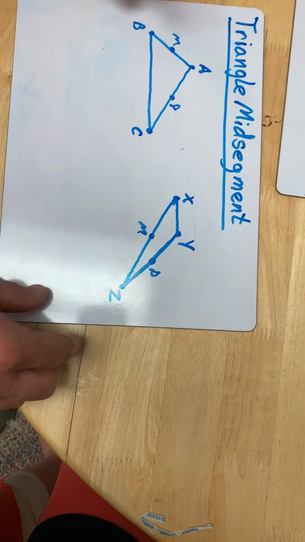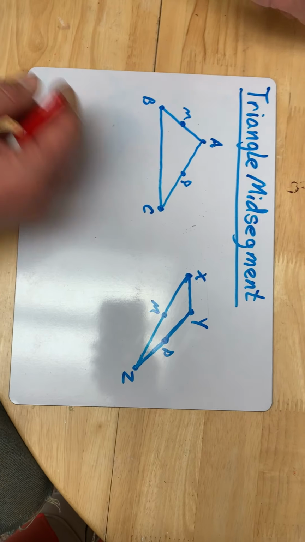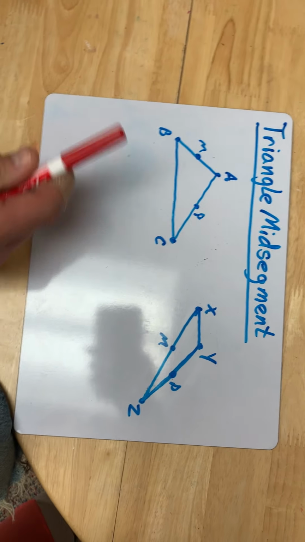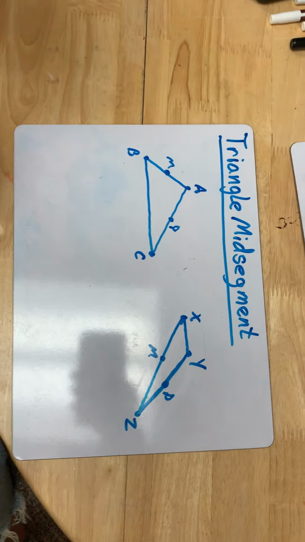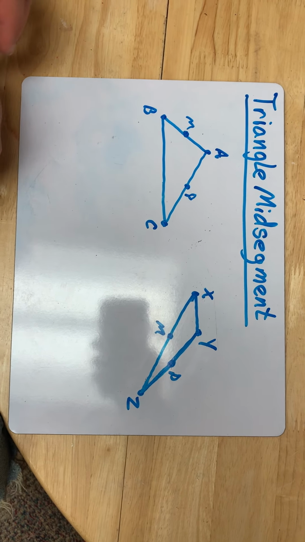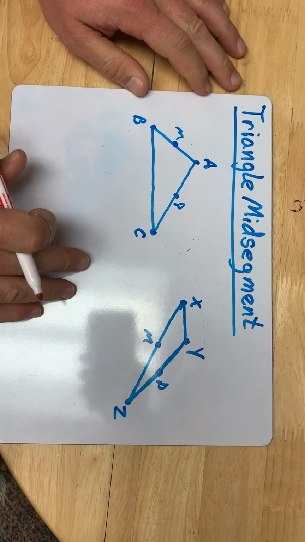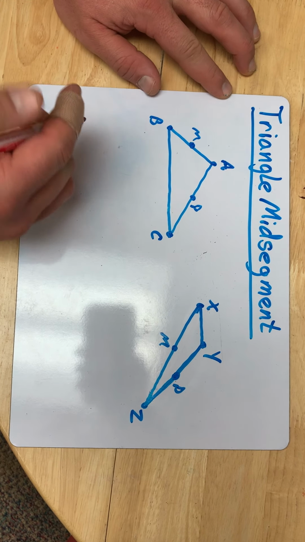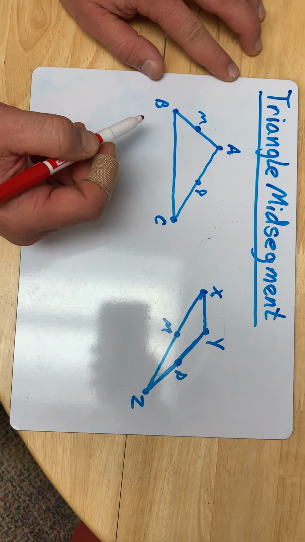All right, third and lastly is a triangle midsegment. So let's speak for a moment about what a triangle midsegment is. Kind of on theme with the midpoint thing, except now instead of connecting an angle vertex to a single midpoint, we're going to connect two midpoints. So if I take two sides of a triangle, and it doesn't matter what kind of triangle, it doesn't have to be isosceles, scalene or equilateral, any triangle, and I identify the midpoints of two sides.